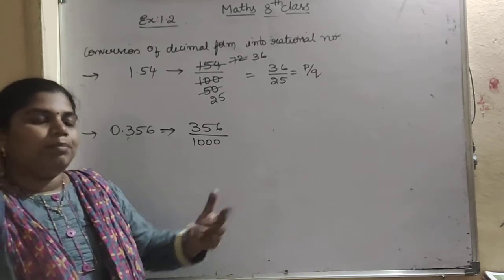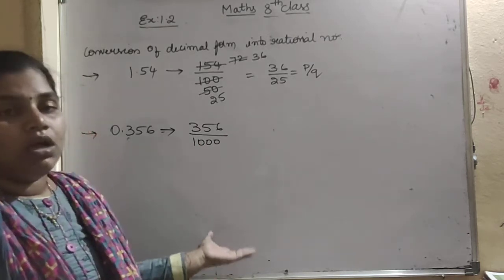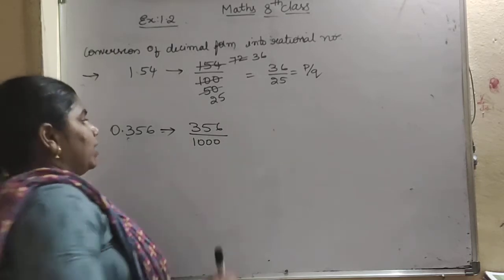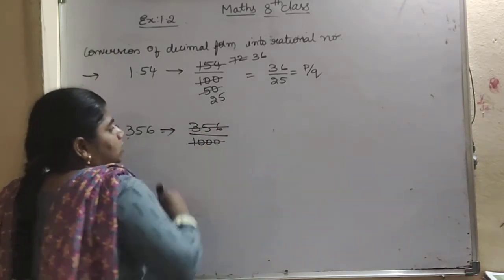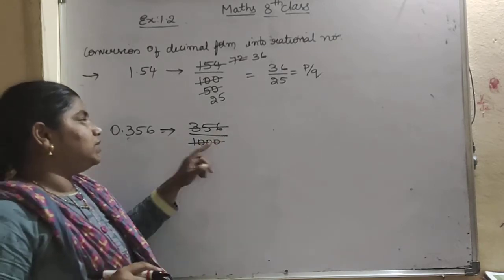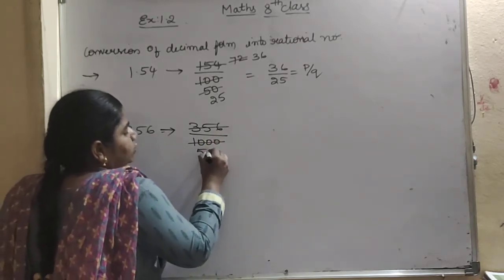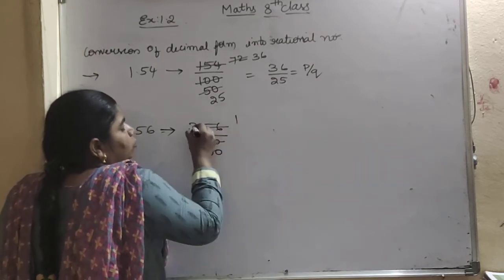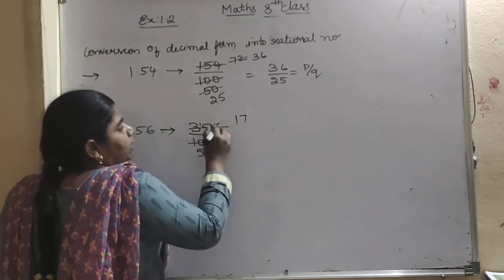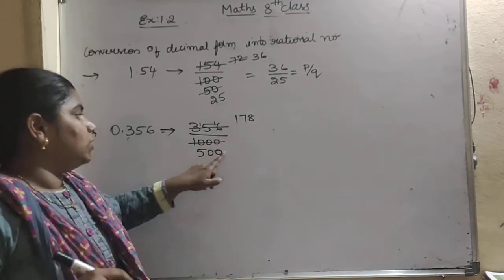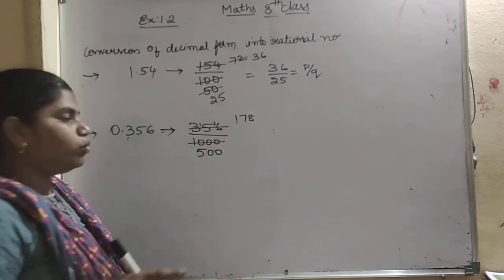So if you want to make it into simplest form, we have to divide the value. So in which table? Here 6 and 0 are even numbers, so we can take the 2 table. So 2 5s are 10, 2 zeros are 0, 2 1s are 2, 2 7s are 14, 2 8s are 16. Again 5 and 8 and 0 are even numbers, so it will go in the 2 table.